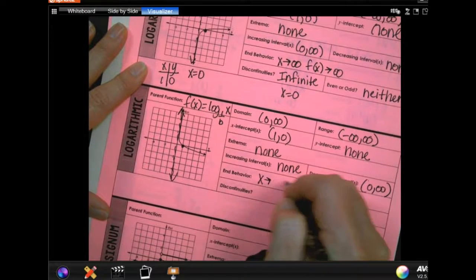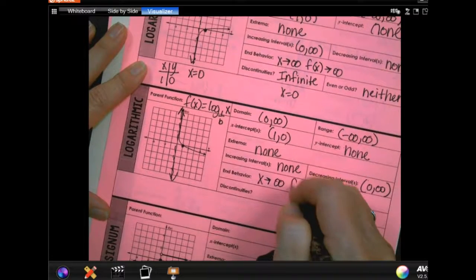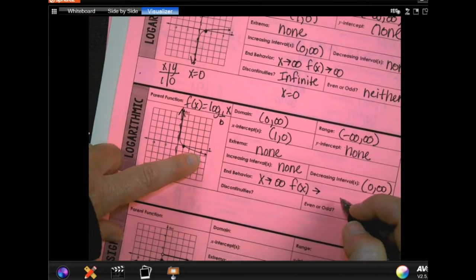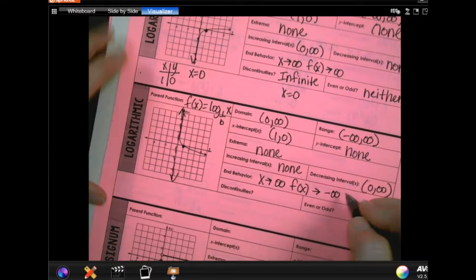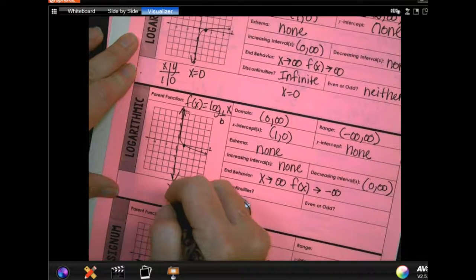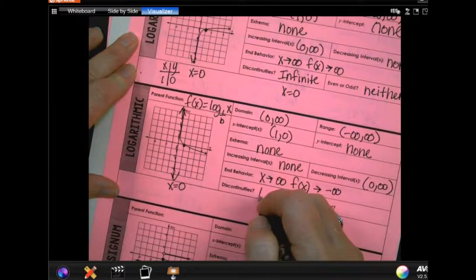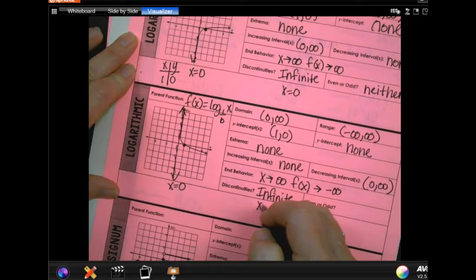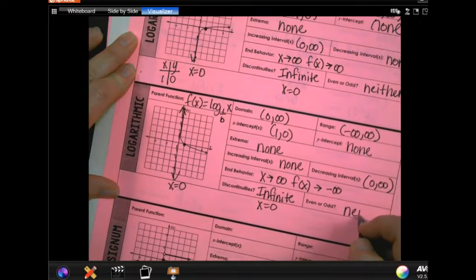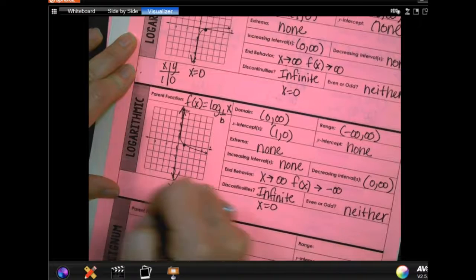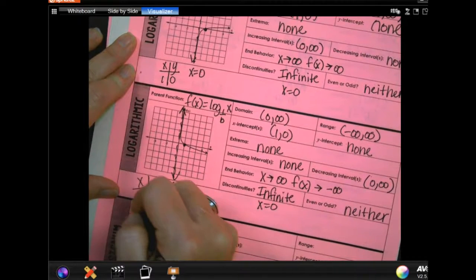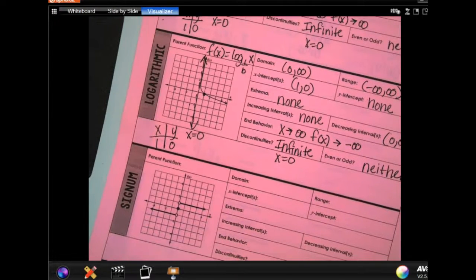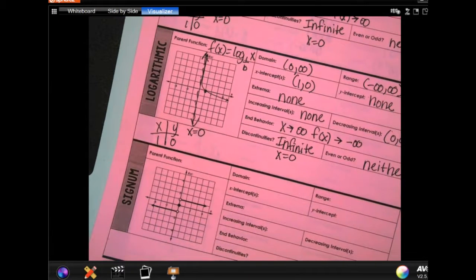As x approaches infinity, f of x approaches, what does it approach this time? Negative infinity. So the discontinuity is infinite, and that's at x equals 0. This is neither. And my transform point is going to be 1, 0.